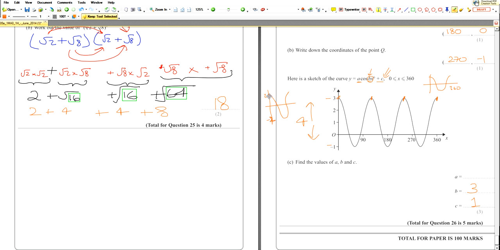And we said it moved up by 1. So for example, now if you look at our original cos function, it doesn't go from 2 to -2.